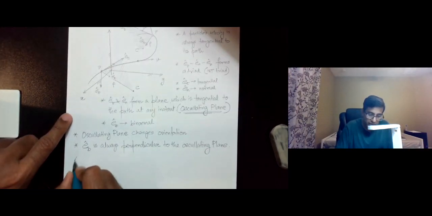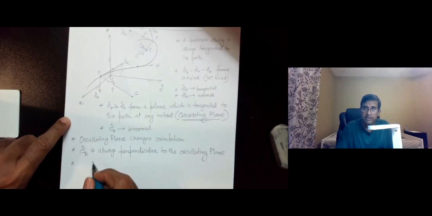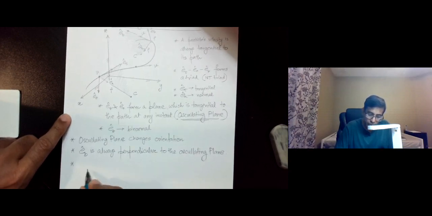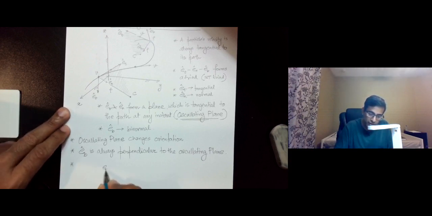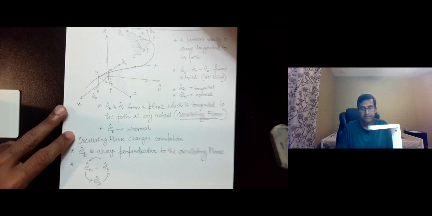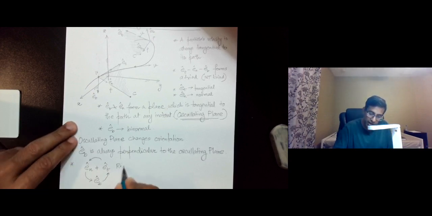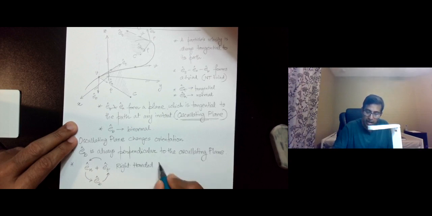So in defining this NT coordinate system, to keep it right-handed so that all our calculations are accurate, we need the definition that ET cross En gives me EB, En cross EB gives me ET, and so on. So this is the right-handed NT system.